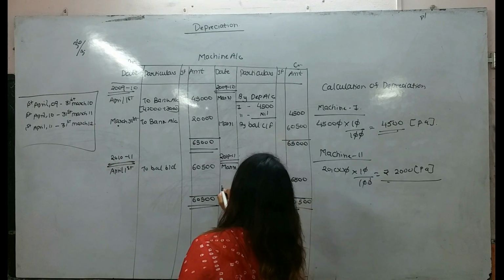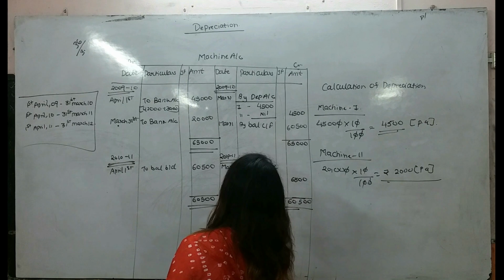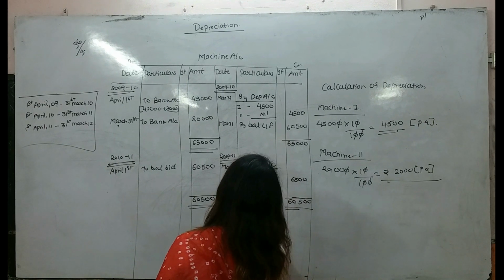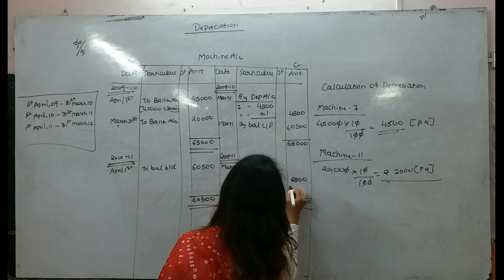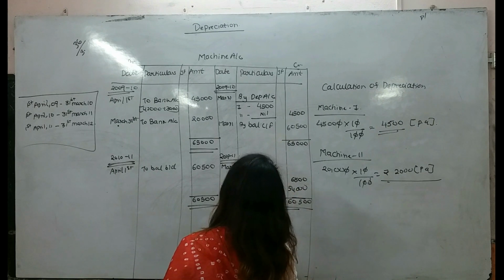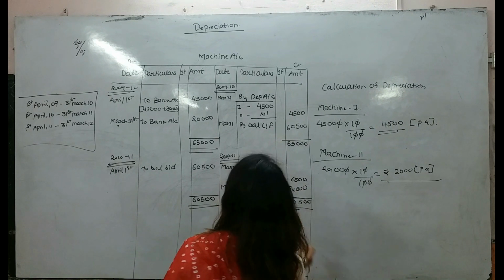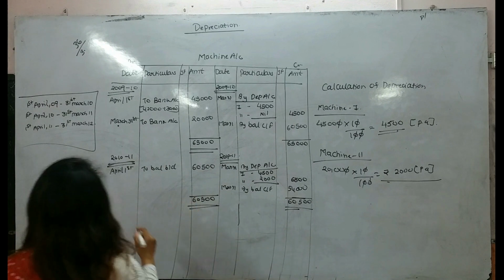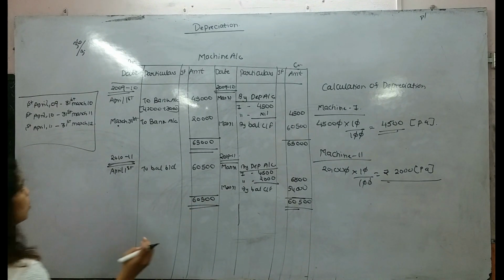So March 31st, balance carried forward will be 54,000.